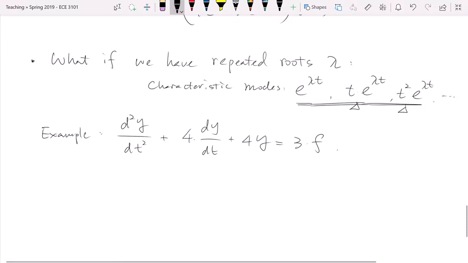And let's say the initial conditions are y(0) equal to 1 and dy/dt at t equal to 0 minus is equal to 3. And I still want to know what is the zero input response.